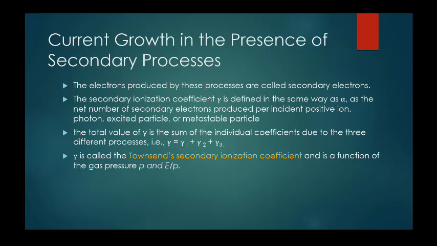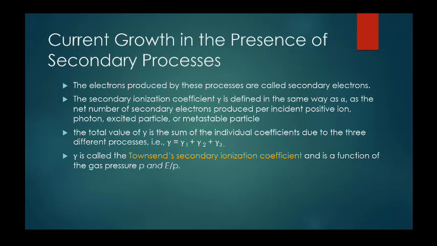The secondary ionization coefficient, gamma, is defined in the same way as alpha. So alpha is the primary coefficient and gamma is the secondary coefficient, as the net number of secondary electrons produced per incident positive ion, photon, excited particle or metastable particle.